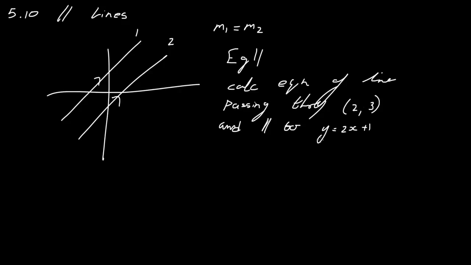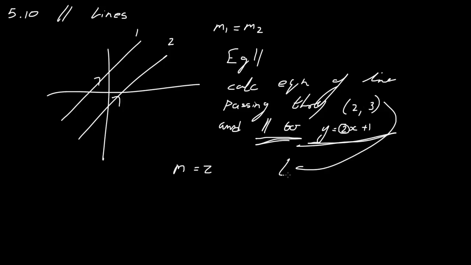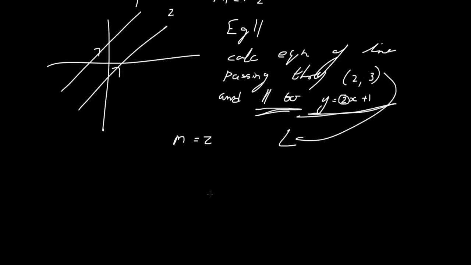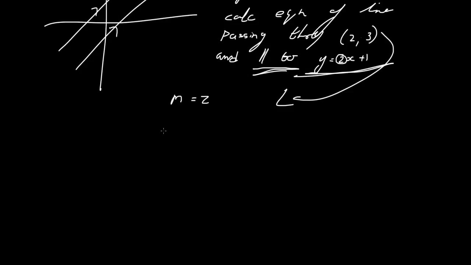We know, because they say it's parallel to this line, and we know the gradient of this line is 2, so we know that m for our new line is going to be 2, and we've also been given this point (2, 3). So we're going to use point gradient form in order to calculate the equation of the line.